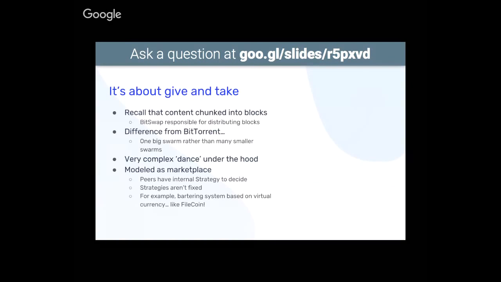Now, the key difference here from, say, something like BitTorrent is that in BitTorrent, blocks are being exchanged from a single torrent, so usually a single file, a video, or something like that. All the peers that happen to have or are hosting that particular file, seeding in the BitTorrent world, are exchanging bits based on the data from that particular file. On IPFS, we basically have just one giant swarm or multiple very large swarms. IPFS can support that as well, so that peers can just pull blocks from just about anyone who happens to have that particular file.